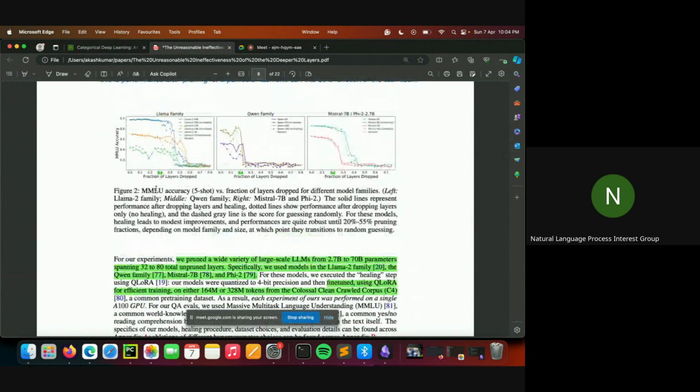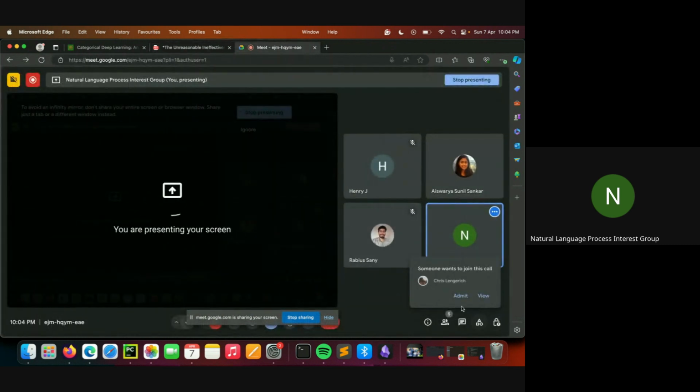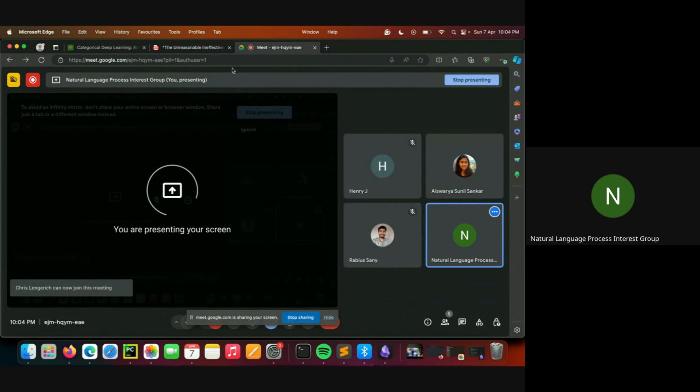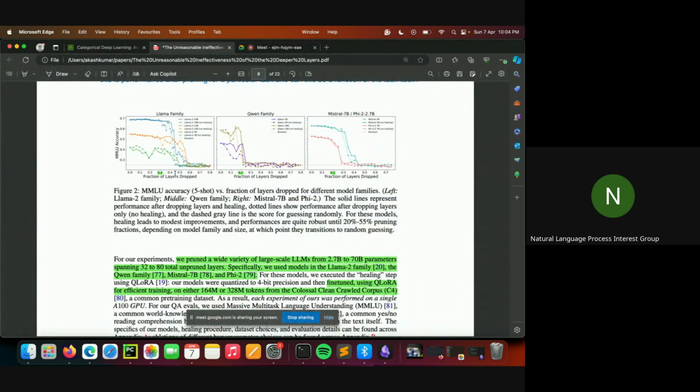Again, the layers that they have removed here are based on finding the ones which have the most similar angular distance. And if you even heal these models, then you can continue to keep their performance for some time more.